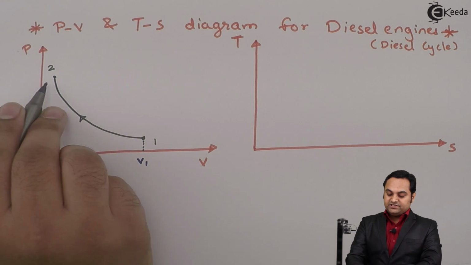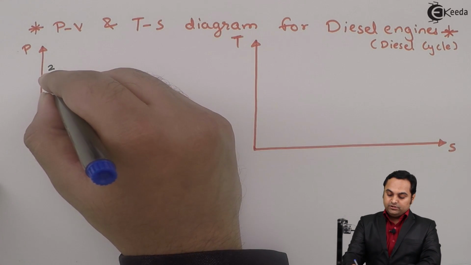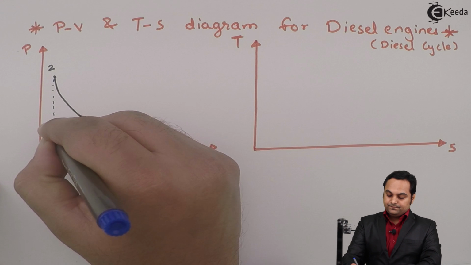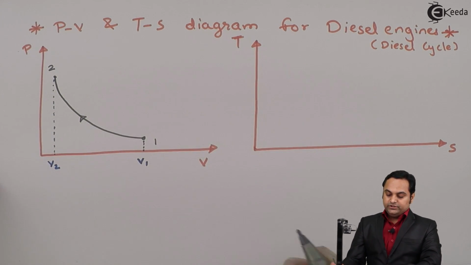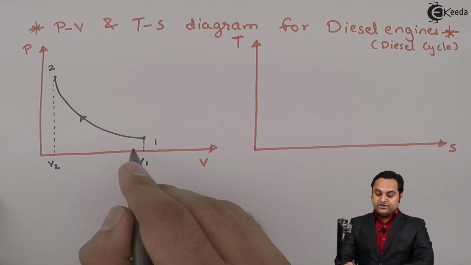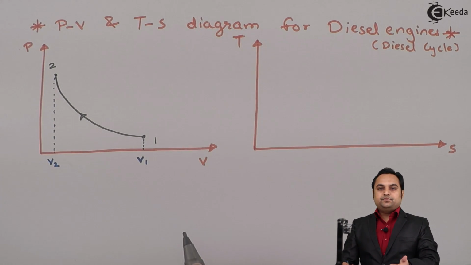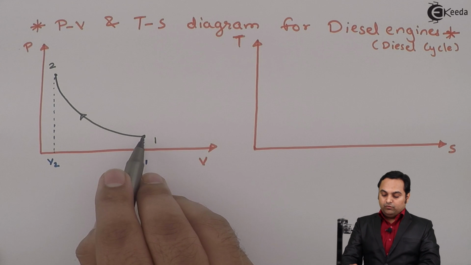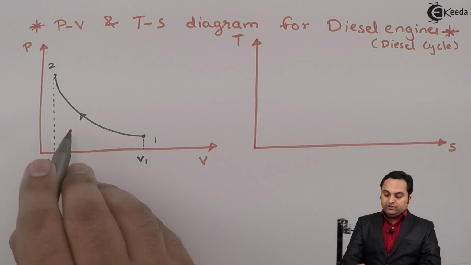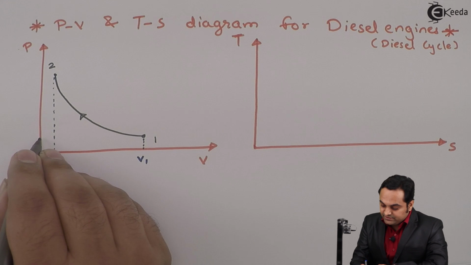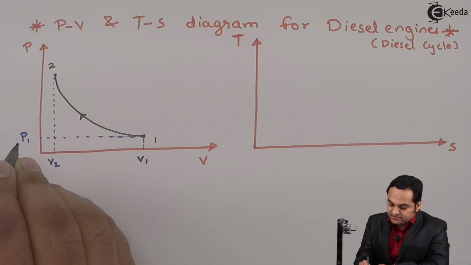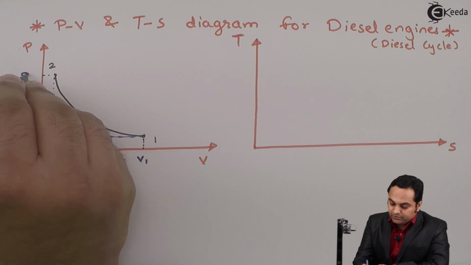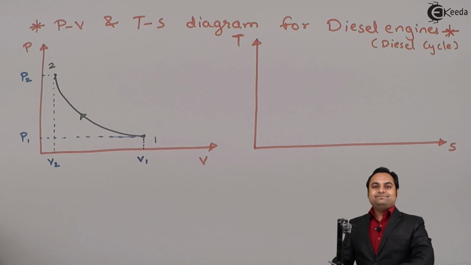After the compression takes place, the volume decreases, that is from V1 we reach up till V2, and pressure rises. In compression the volume goes on decreasing but pressure goes on increasing. So the pressure at point number 1, that is P1, is less compared to the pressure at point number 2, that is P2.